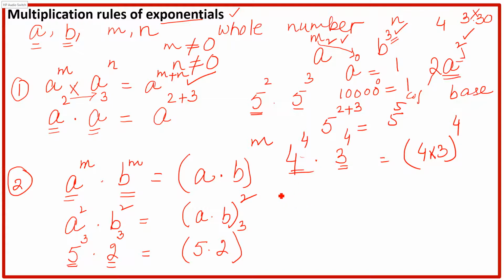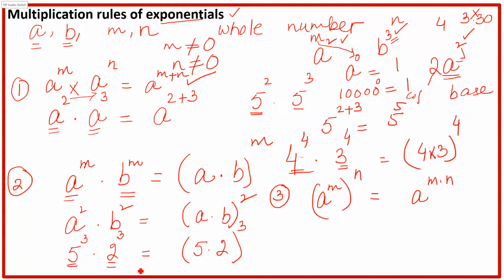And the third and last rule is a exponent m, and then n, equal to a exponent m n. Now see here, it is 2 raised to power 3. It does not mean you can say 2 3 times is 6.